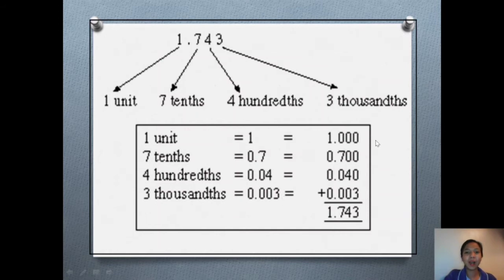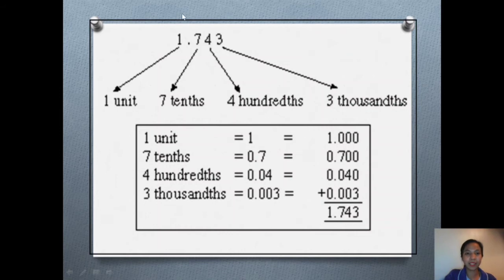Understand? Now, if you're going to double check, it represents here 1, okay, 0.7. Just align the decimal point here, then add it up. You know already how to add decimals, right? I believe. Alright. So, add 3, 4, 7, and then 1.